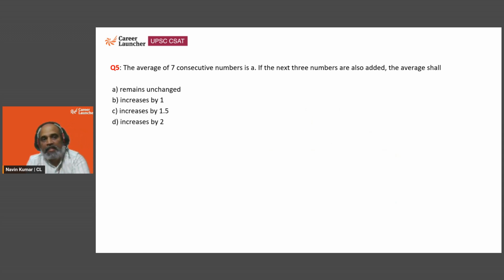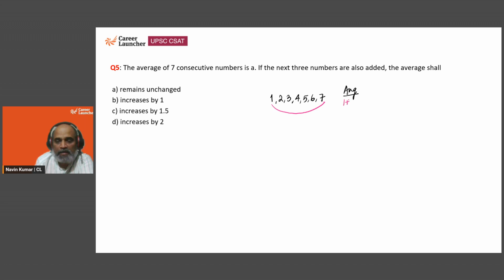Another one. The average of 7 consecutive numbers is A. Well, when you come across such a question, assume 7 consecutive numbers. So what I'm going to do is take 1, 2, 3, 4, 5, 6, 7. Now, when you have consecutive numbers or numbers in an AP, their average is calculated as the average of first and last, that is 1 plus 7 by 2.